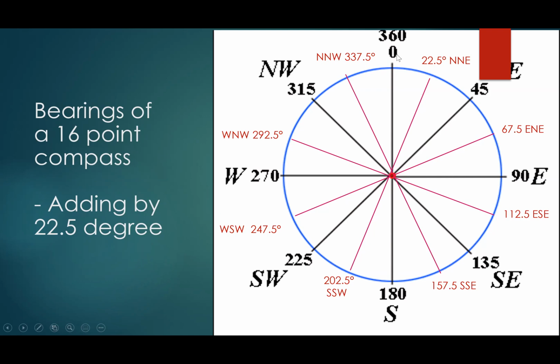So once again, when you are calculating the bearings of a 16-point compass, you are adding by 22.5 degrees. Once you remember that, you will be just okay in the examination.